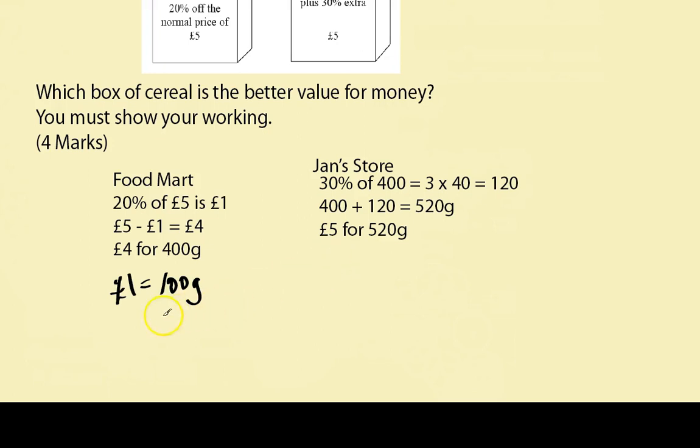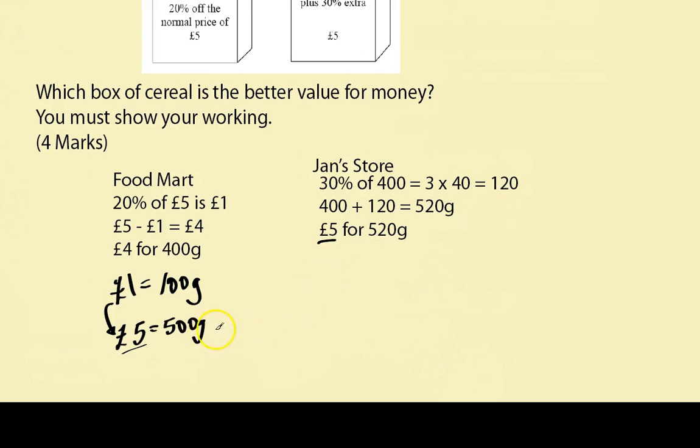And here we've got a price of £5, so I still don't have anything to compare, so I can now multiply this by 5. That's going to give me £5 for 500 grams. Now I've got the same price to compare, and I can see that this one is better value because I'm getting 20 grams extra.